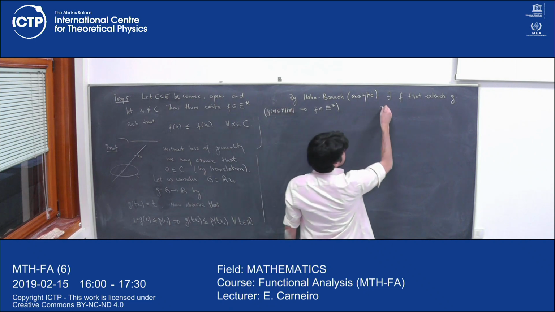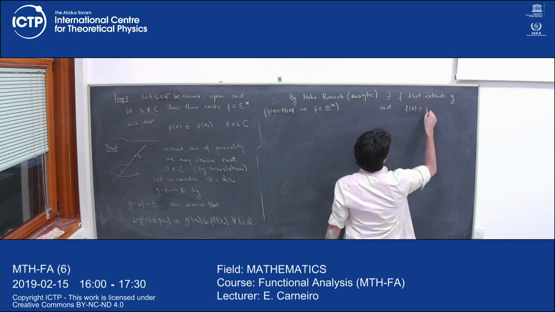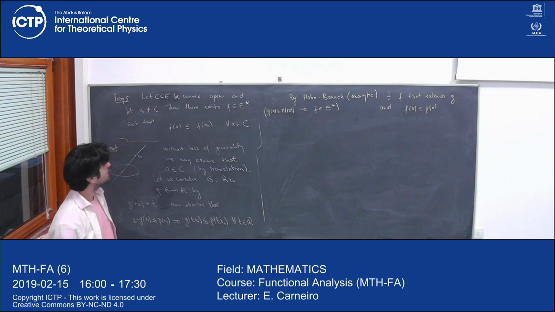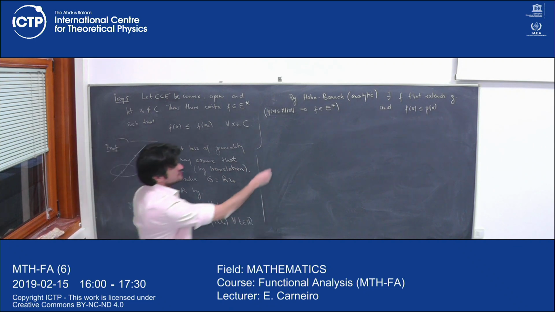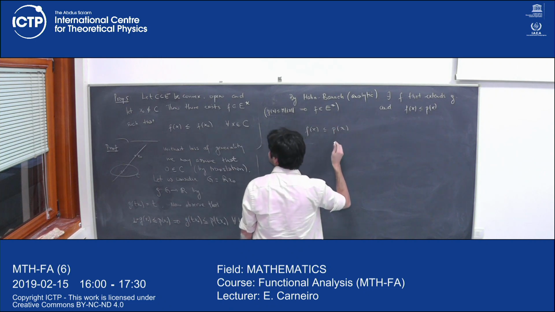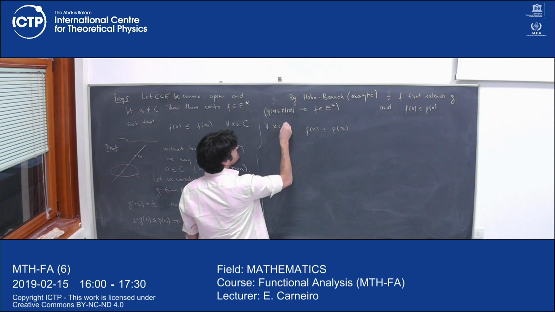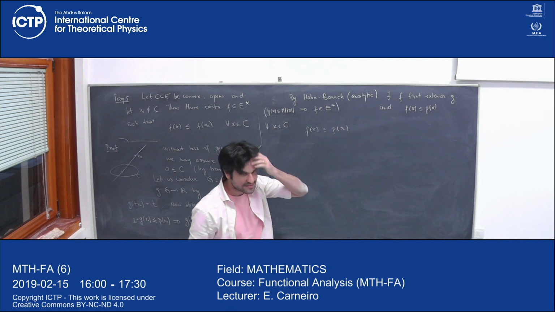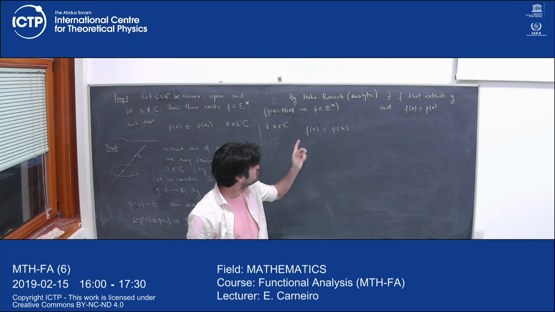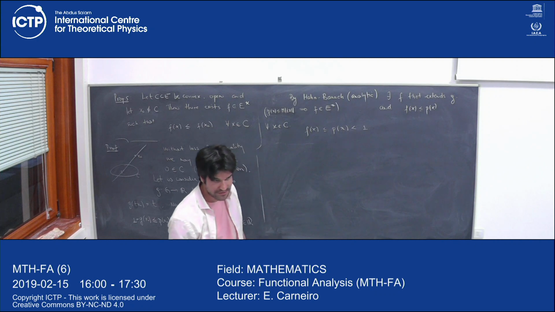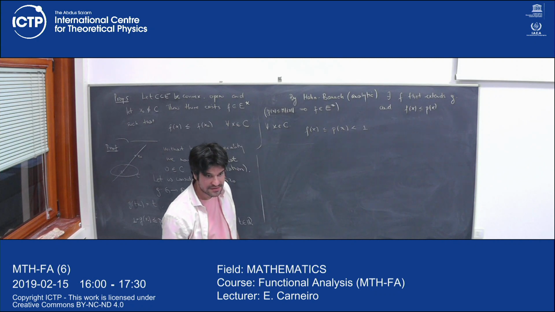So f extends g and f of x is less than or equal to p of x. So f is actually a guy in the dual. And of course, f of x is less than or equal to p of x for any x in C. If you are in C, p of x is less than 1, right? Yes.